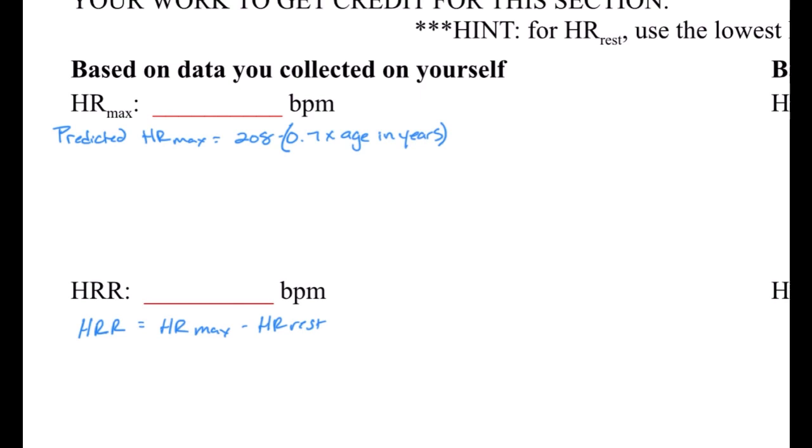So this equation will look like 208 minus 0.7 times, and I told you my age was 40.